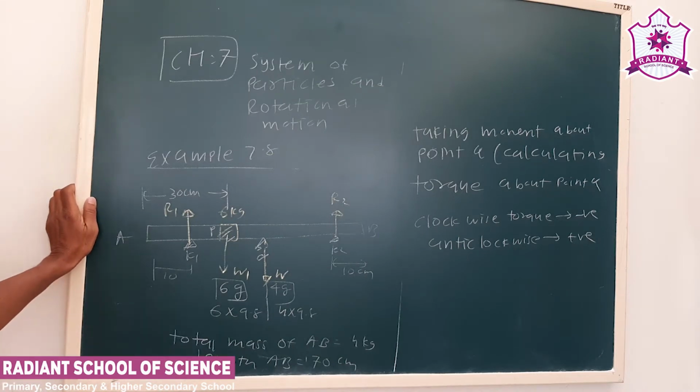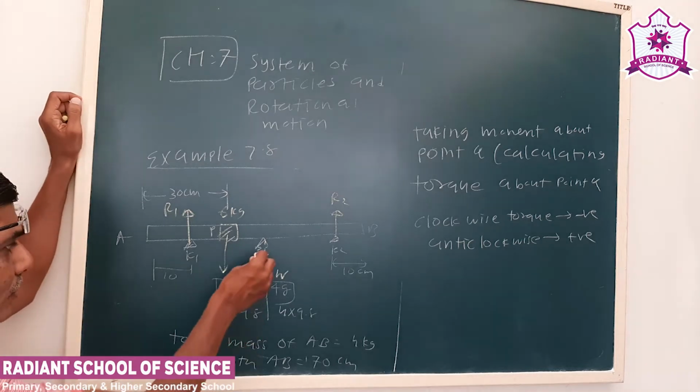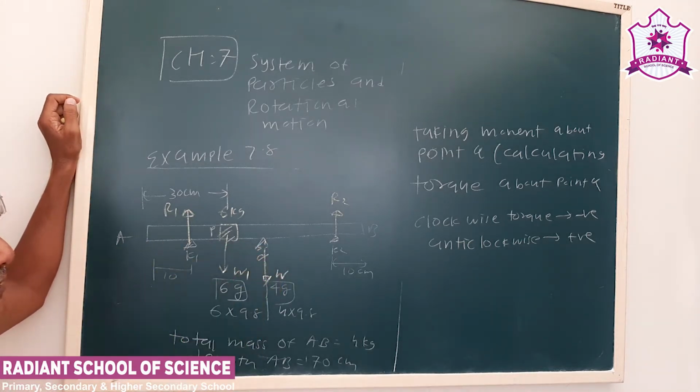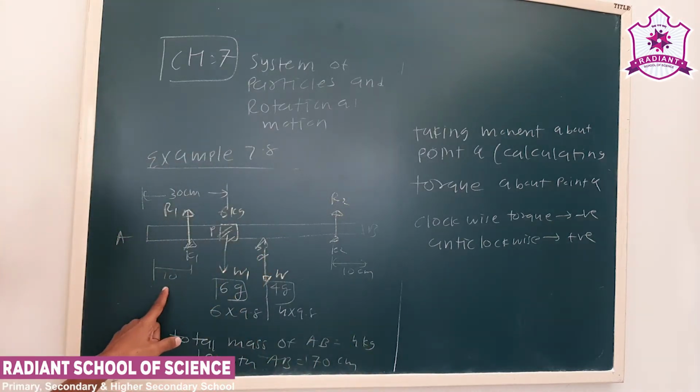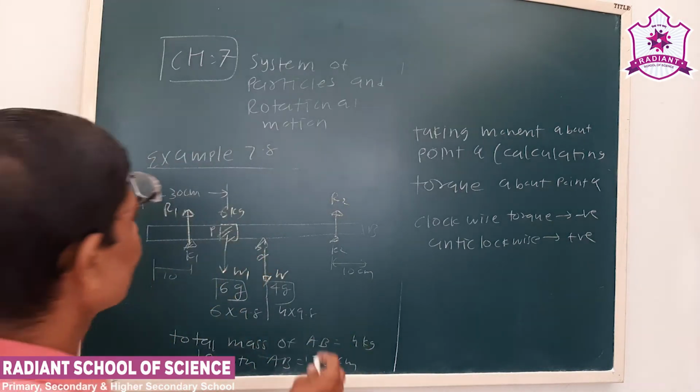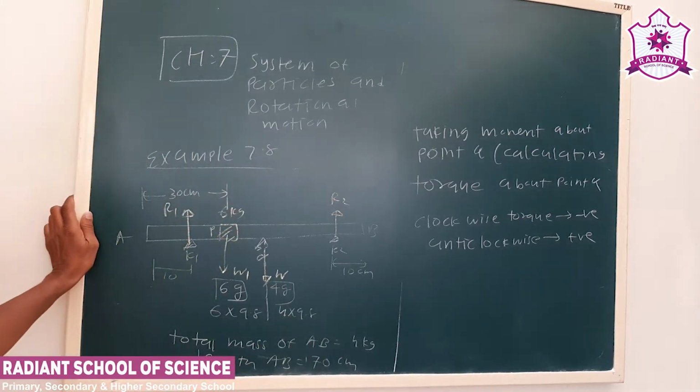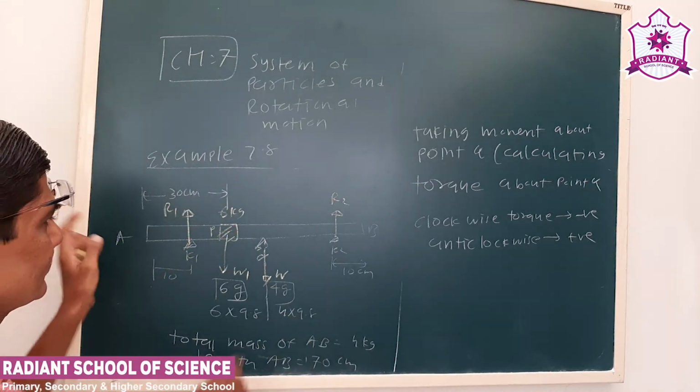Now what is the distance of R1 from G? The total length AG is 35 centimeter, and AK1 is 10 centimeter. So K1G will be 35 minus 10, that is 25 centimeter, that is 0.25 meter.